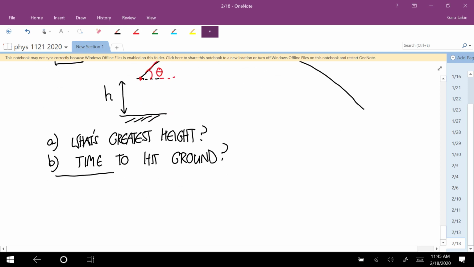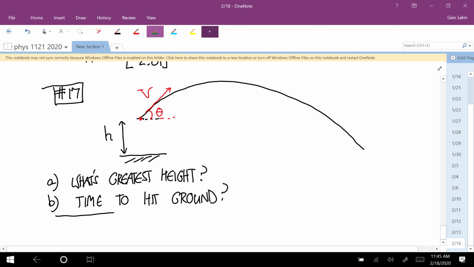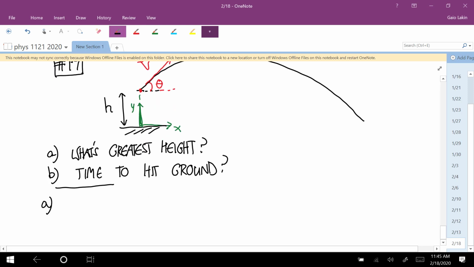I'm going to put my coordinate system, like I always do, on the ground right underneath the object at the instant it's launched or starts its flight. And my time equals 0. So for part A, time equals 0 is going to be when it's released.